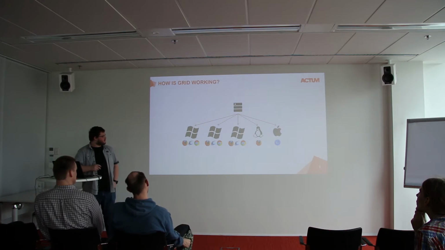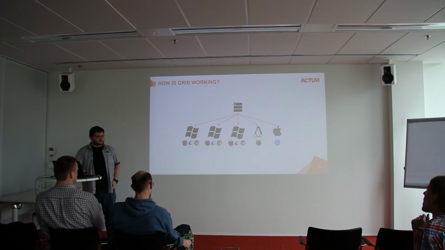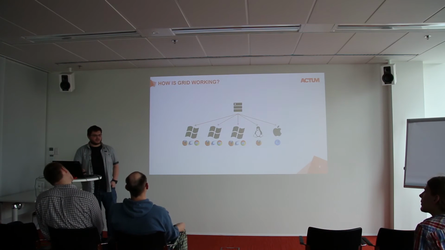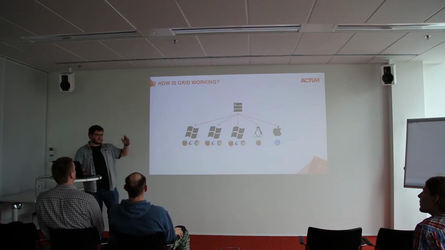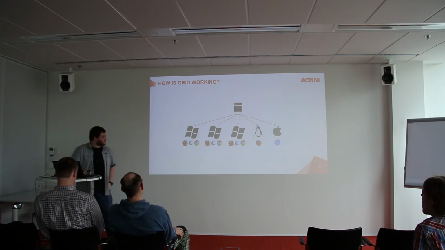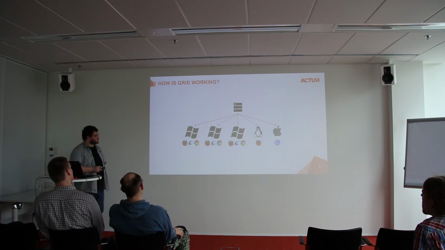You can see that 3 of them are Windows. They don't have to have the same version. You can have XP, 7, and 10 registered. It doesn't matter. You can register Linux and of course Apple. Each of these nodes has some browsers registered on it.